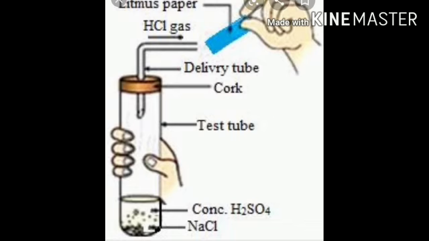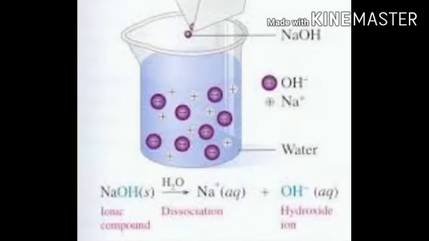The same will be the condition in the case of a base. When a base, let us take NaOH, is dissolved in water, it will dissociate into sodium ions and hydroxide ions. Due to this, it shows its basic properties. All bases do not dissolve in water.